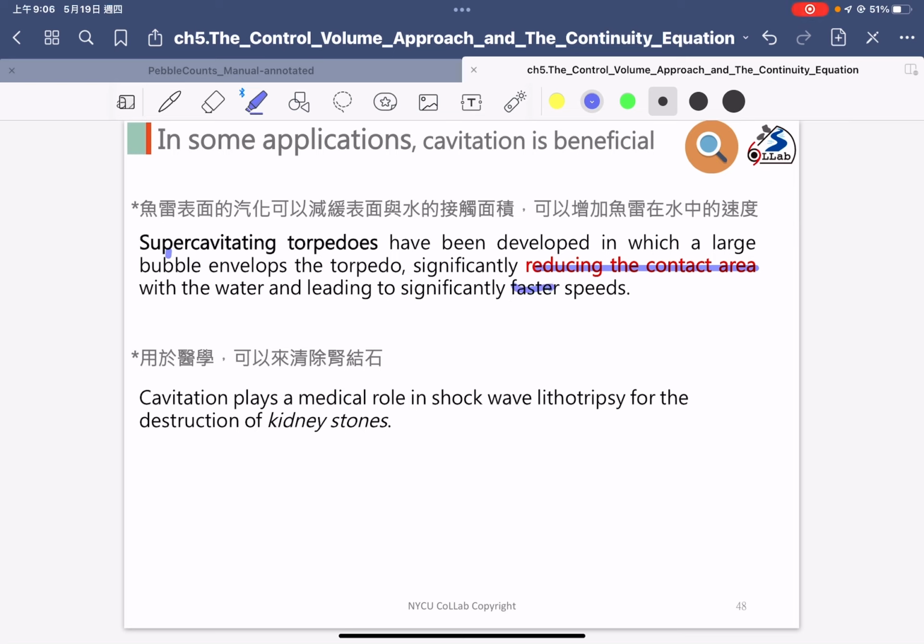Okay, and also cavitation can be applied to destroy kidney stones. So it's not always terrible; it also has useful applications if you can design it well.